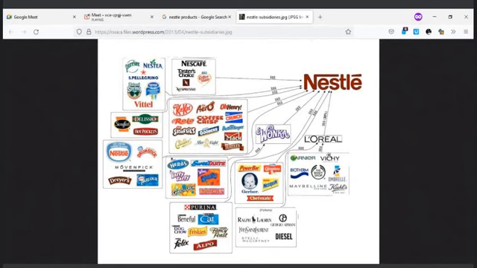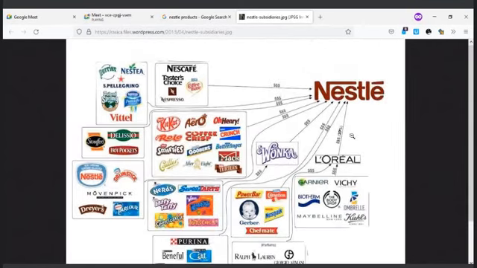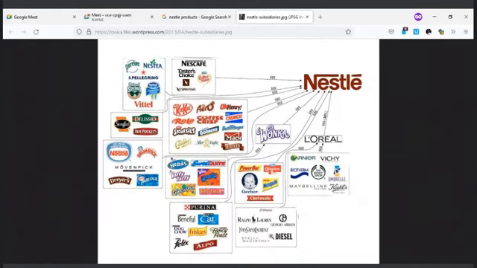Just imagine, here it says that L'Oreal alone is getting 30% of the revenue for Nestle. These beauty products, the perfumes and beauty products alone, are generating 30% of the revenue for Nestle Group. So if it is a significant revenue generating segment, then they need to do that reporting.